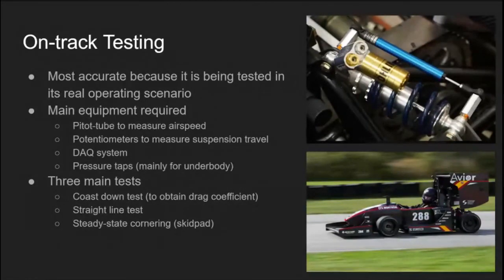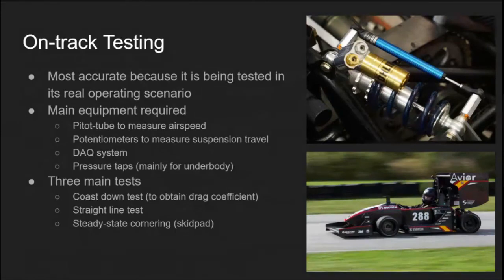So basically, you take your car up to a certain speed, like 60 kilometers an hour, and then you just come off the throttle and you let the car come to a stop itself, and then you can calculate what your drag is. Like you subtract out what the rolling resistance is, and then you can see, okay, it took me this long to decelerate, this is what our drag is.